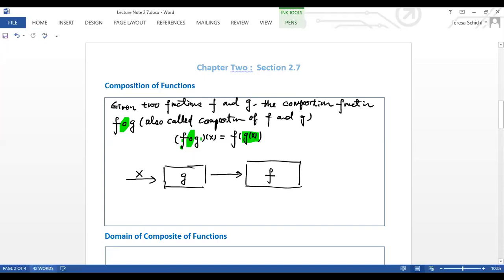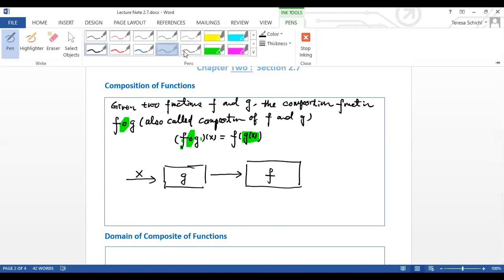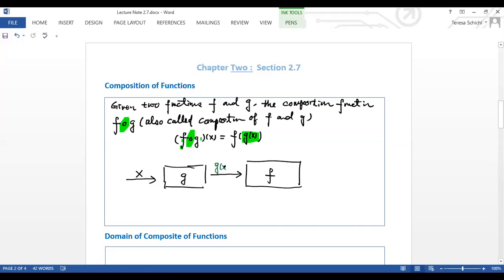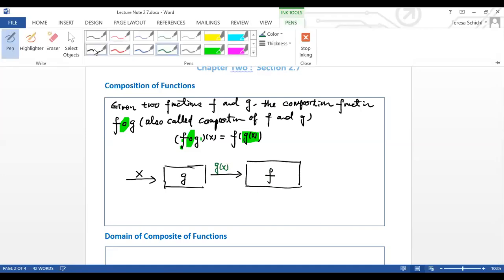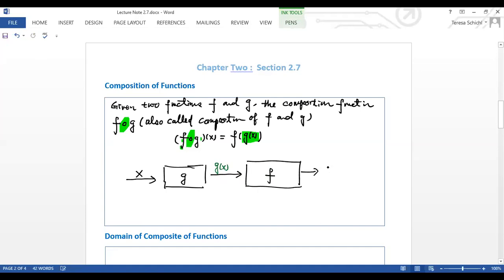Then you bring g(x) to the f function oven, and after you bake it again in f's house with whatever your g(x) is, see what comes out. That's what we call the composition of the functions.